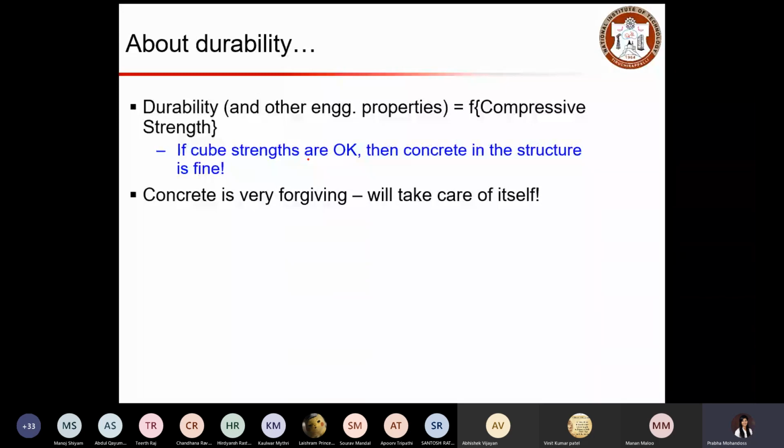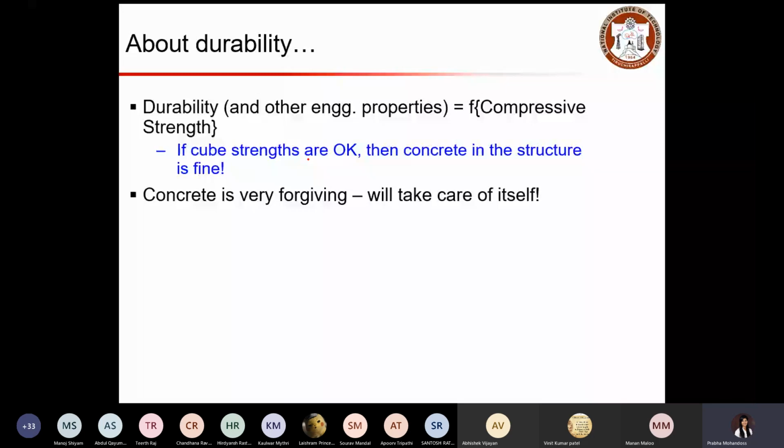Whatever you do, it will take care of itself, but it has a certain limit. If that is crossed, then it cannot take what we are doing to the concrete, and it will start showing its signs and warnings. To understand the signs and warnings, you should know how the mechanism behaves differently for different types of deterioration.